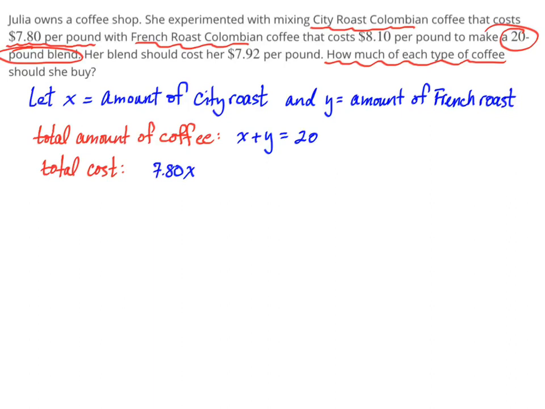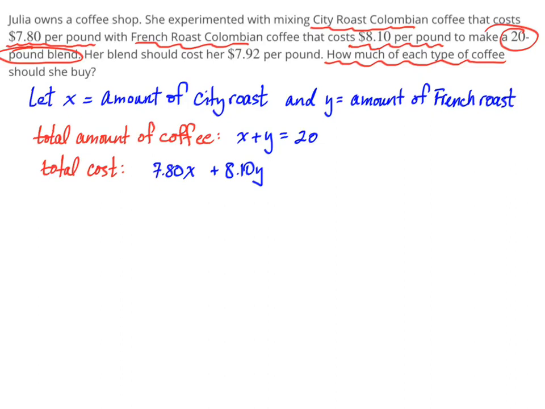And she's going to do the same thing with the French roast. The French roast costs her $8.10 per pound, and she's going to use Y pounds of it. So the total cost of the French roast that she's going to use is going to be $8.10 per pound times Y pounds.